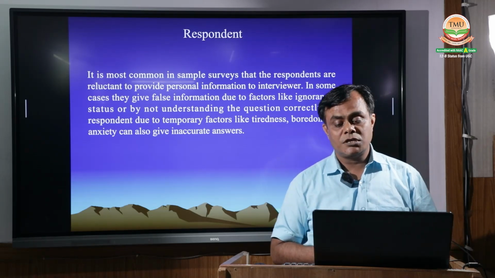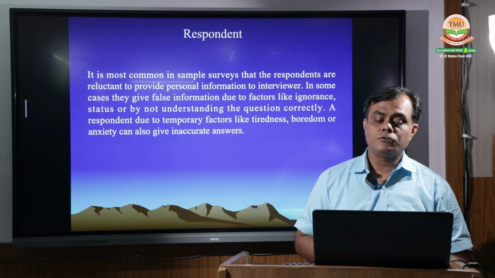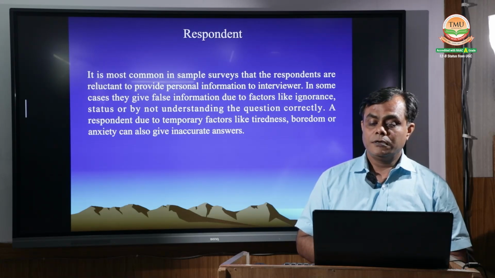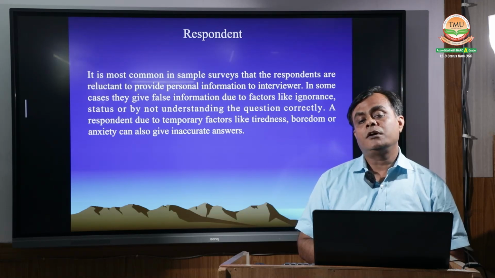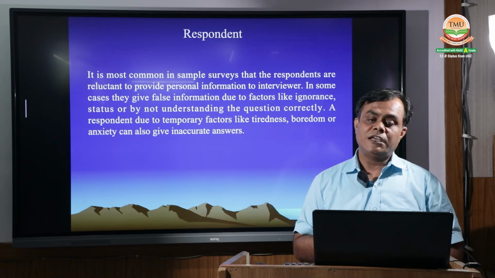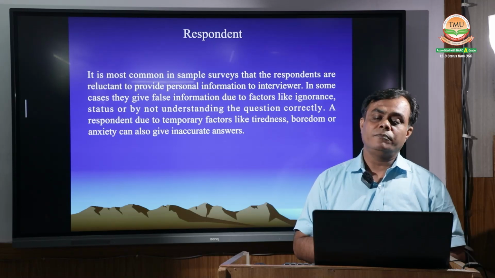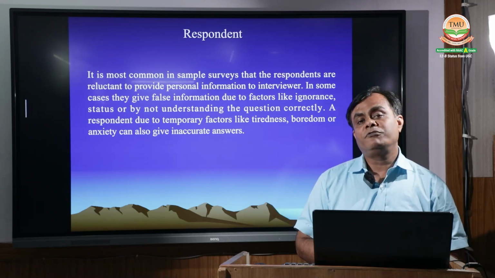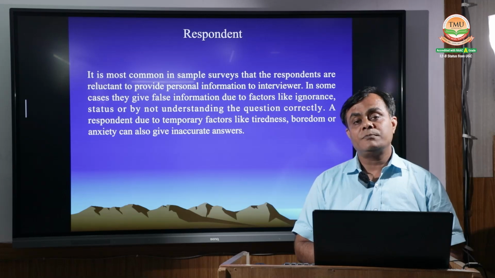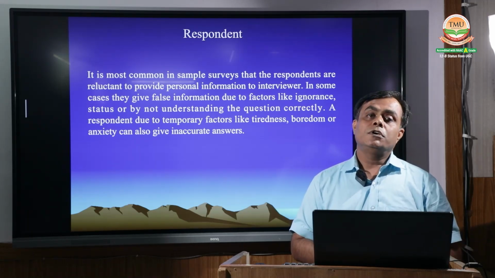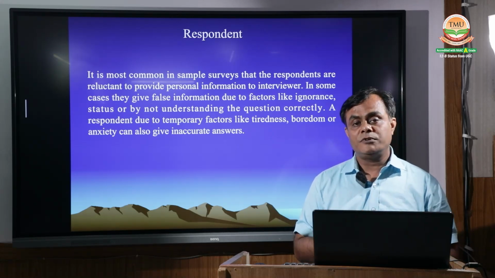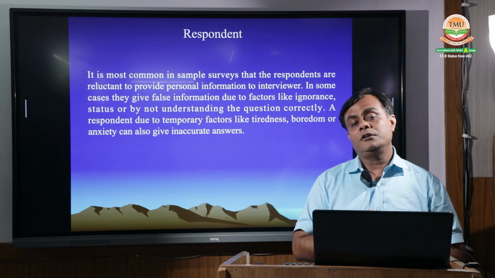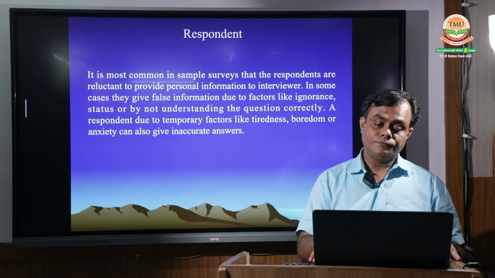This type of error is considered error due to the respondent. Temporary factors like tiredness, boredom, and anxiety can also give an inaccurate answer. Sometimes the respondent feels very tired or very bored, or there is some anxiety, and due to that the respondent does not give a correct answer to the particular question, and in this way error comes into the research.